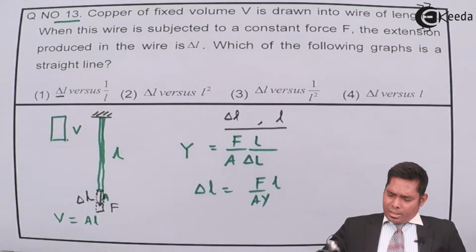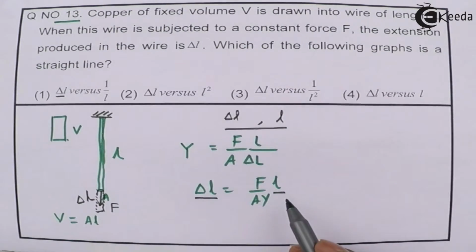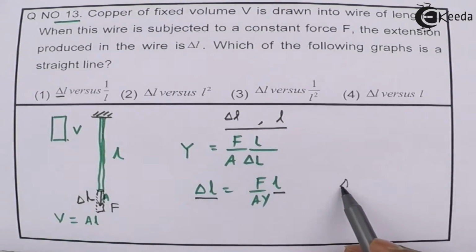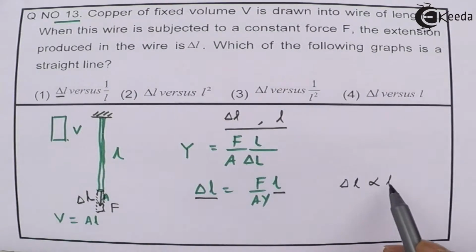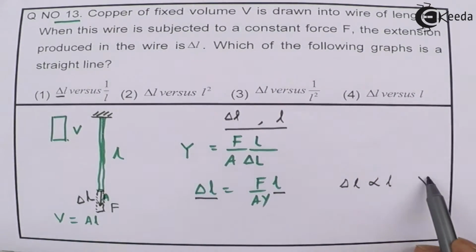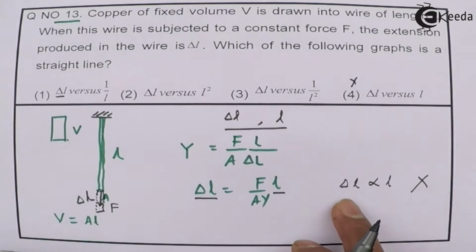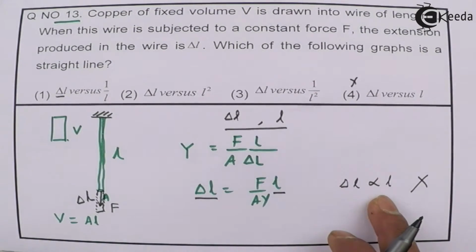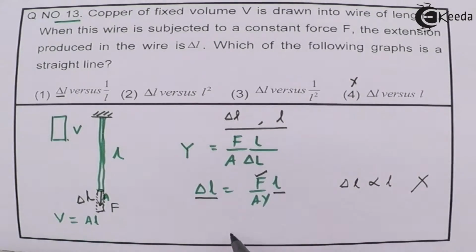If I think that delta L is here and L is here, then delta L is proportional to L, that means it is a straight line, then this option is wrong. This is possible only when these are constants. Force is constant, that is fine.